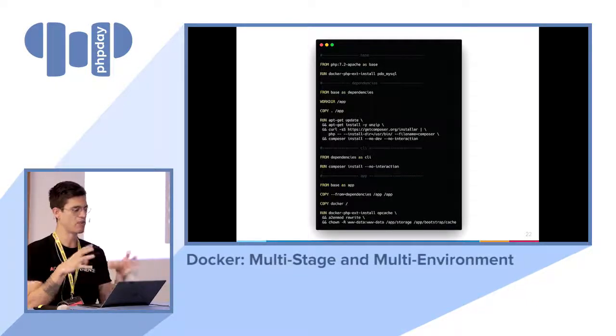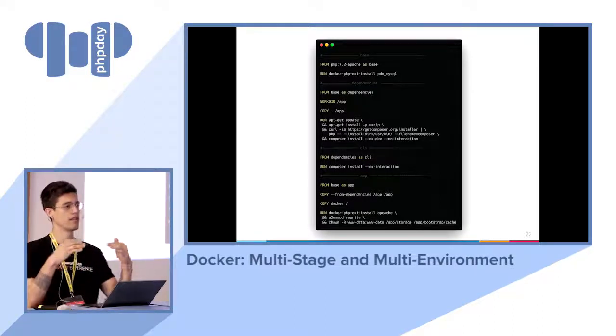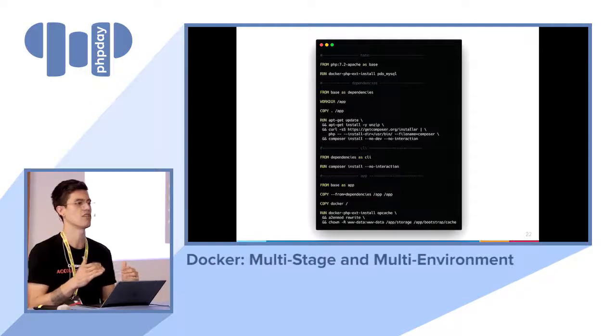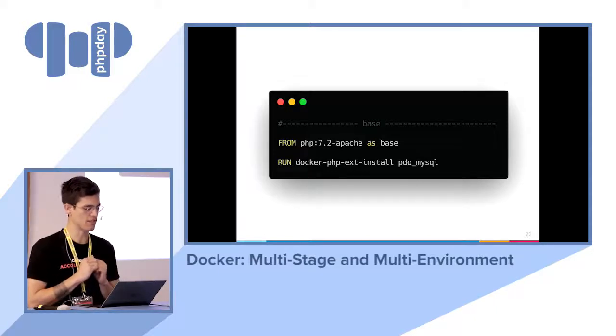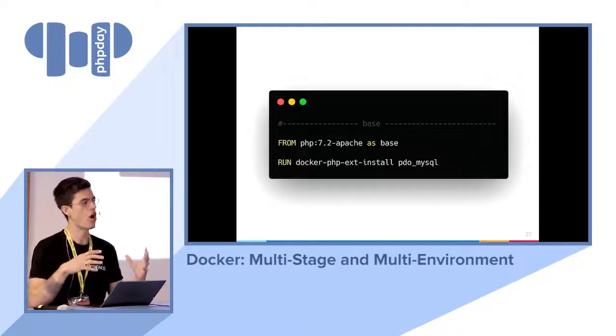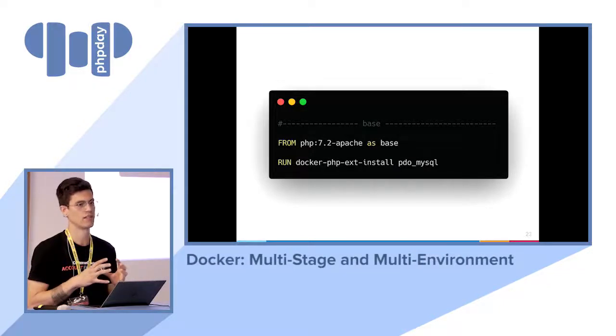It's when you use more than one FROM directive in your Dockerfile. But the beautiful thing about multi-stage is that you have to be explicit about your sharing. So here is everything that is shared between all my applications.